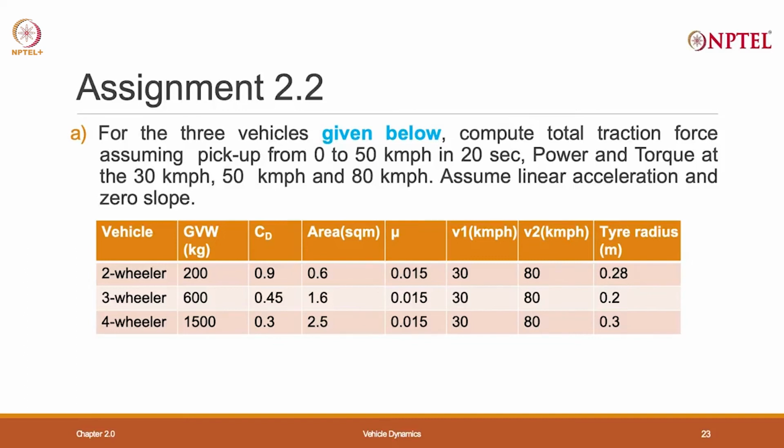Compute total traction power assuming pickup speed from 0 to 50 kilometer per hour in 20 seconds, for which we had already computed the rolling resistance and the aerodynamic resistance. You also compute the power and torque at 30 kilometer, 50 kilometer and 80 kilometer, assuming linear acceleration and 0 slope.